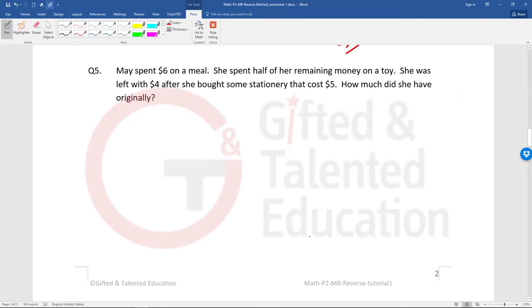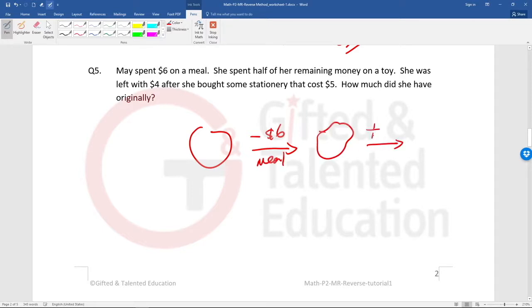Question 5. So May had some money. She spent $6 on a meal and half of the remaining money on a toy. And she spent another $5 on stationery.